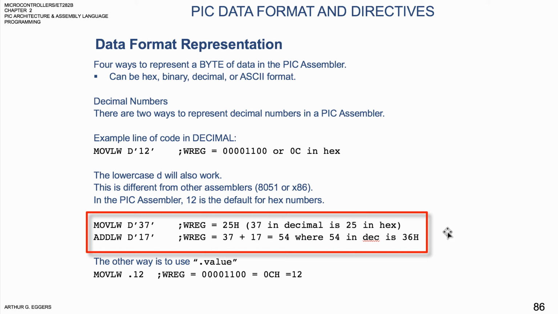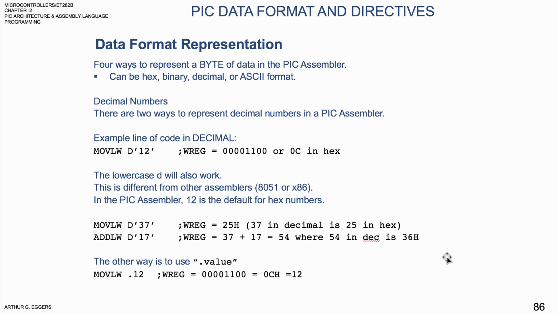It's funny, on some of these things you'll get used to seeing them and immediately know what that value is without having to do a bunch of converting. Adding then a literal value of decimal 17, we're going to add that to 37 in the working register, we get a 54, where 54 in decimal is a 36 in hex.